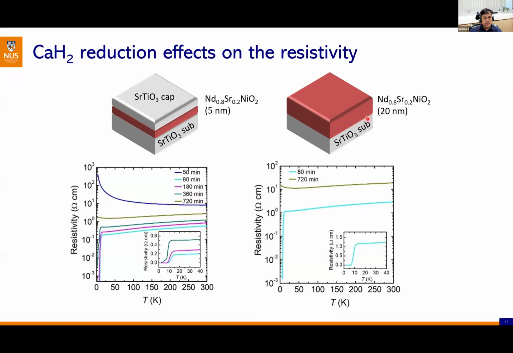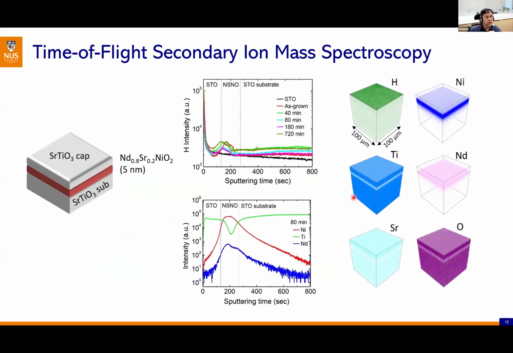So this is for the thick samples. We can achieve superconductivity at around the same time. And then as you reduce further, you can see the reappearance of the metal insulator transitions again.